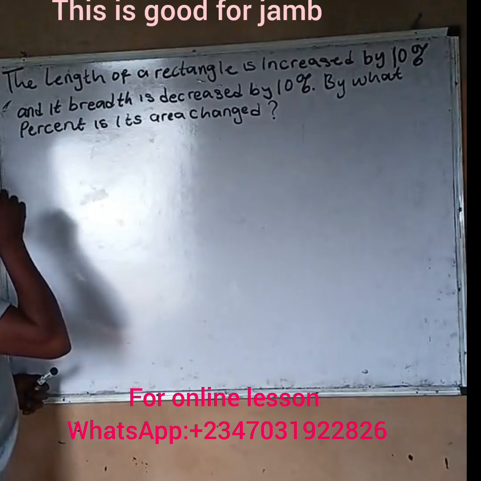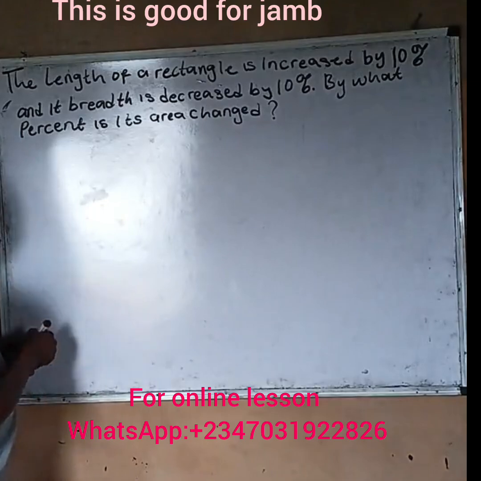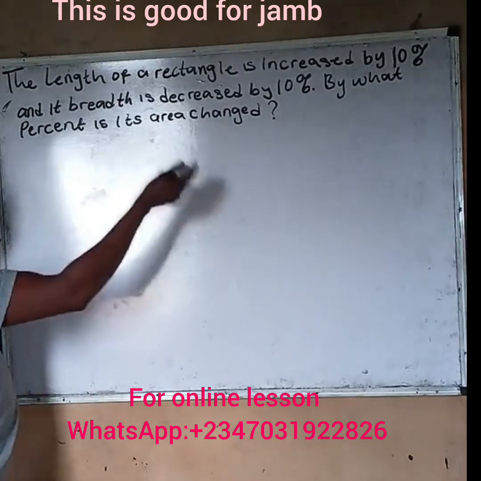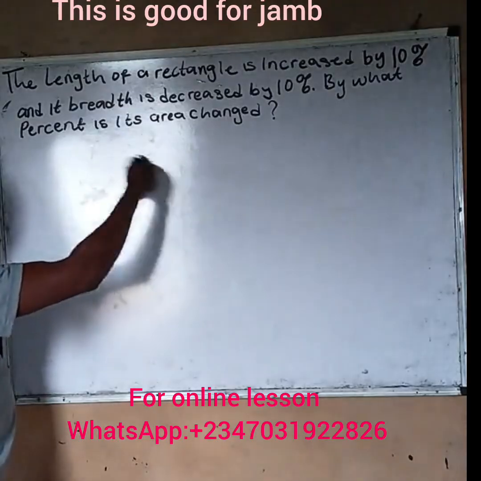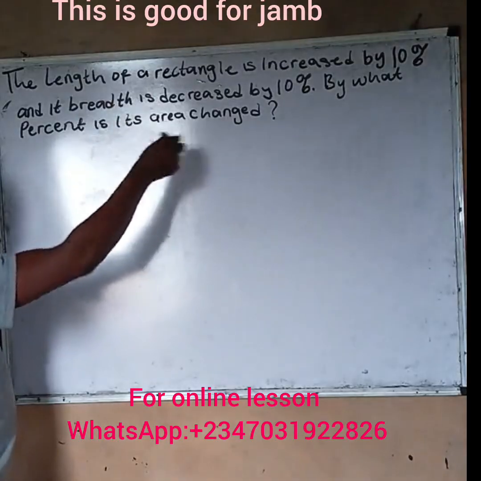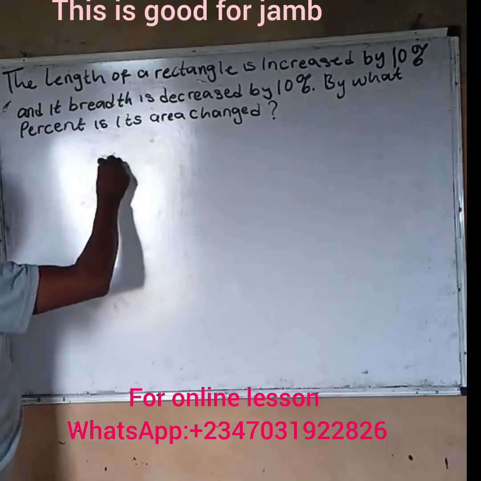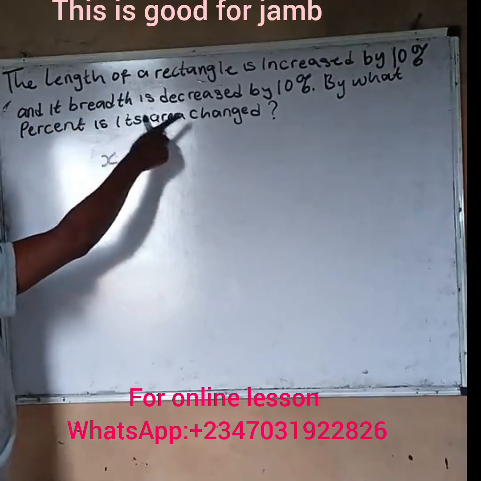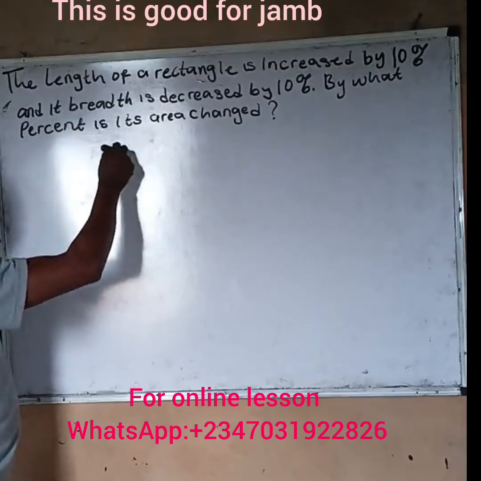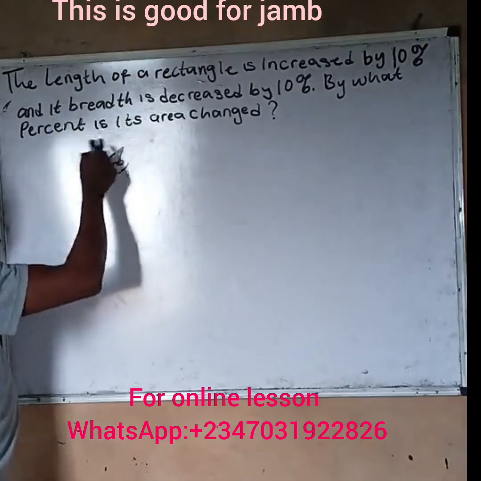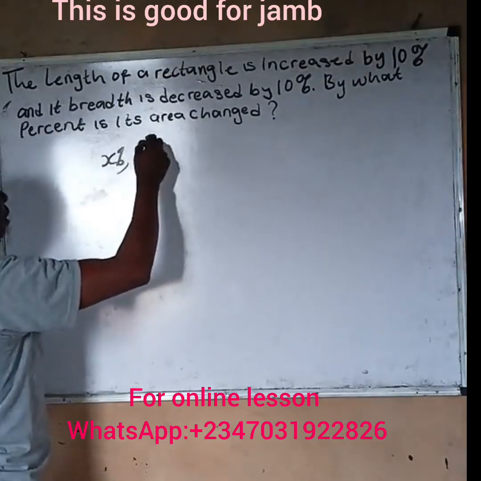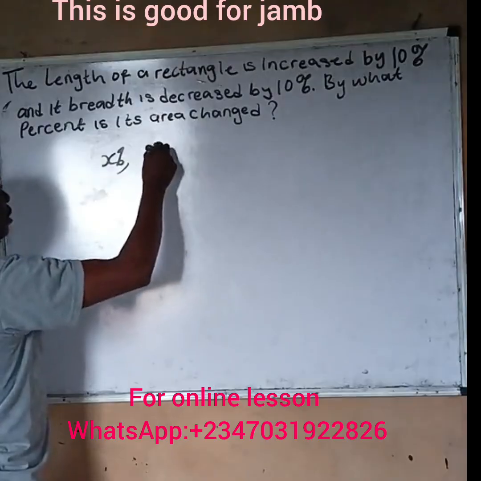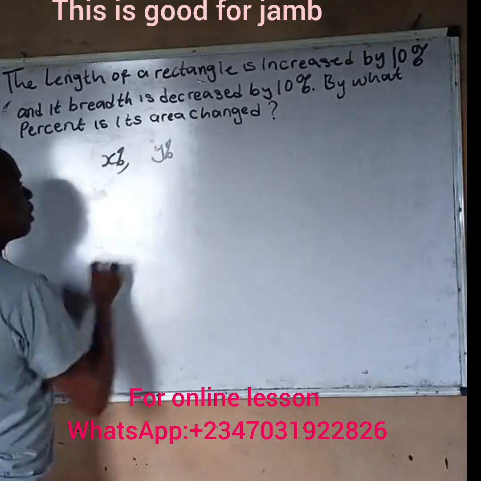Now, if we are told that the length of a rectangle is increased by whatever percent, we'll say let the length increase by x percent. If the breadth increases, the breadth increase is y percent.